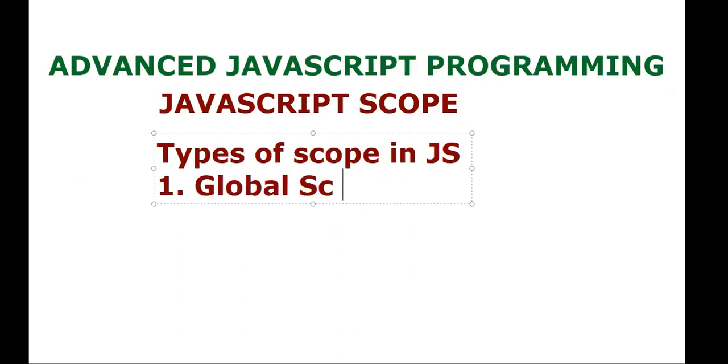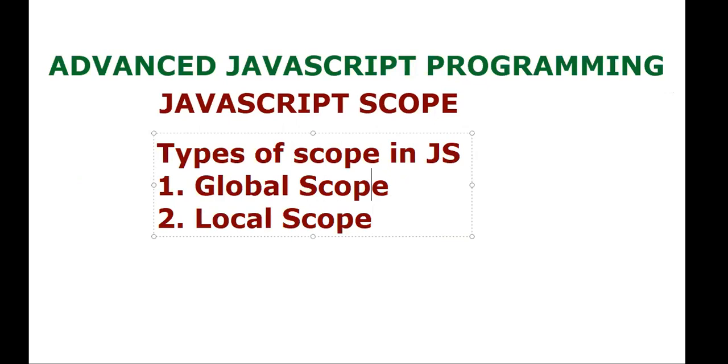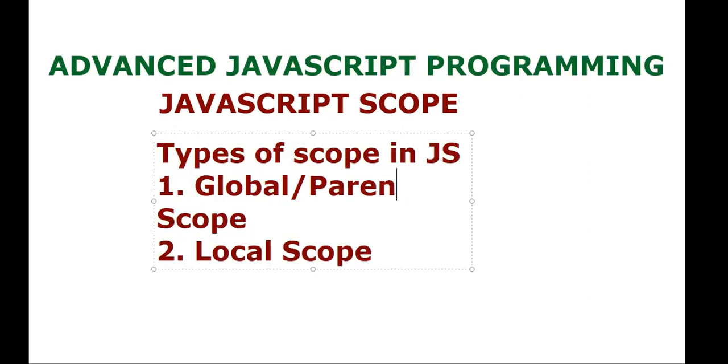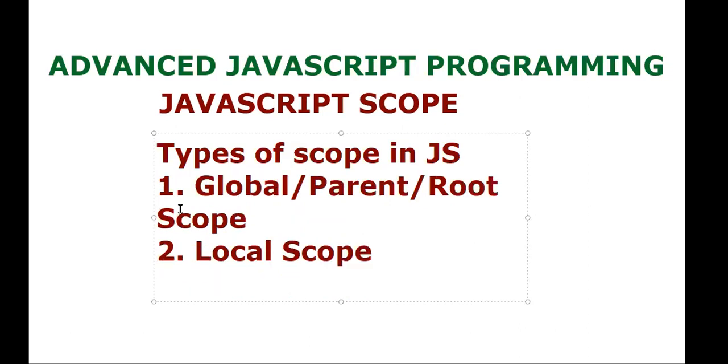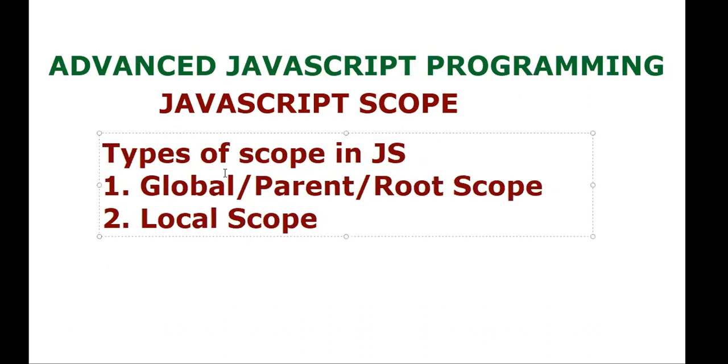Then we have the second one, which is local scope. Sometimes the first one can be called global scope, parent scope, or probably root scope. So you can call it one of these.